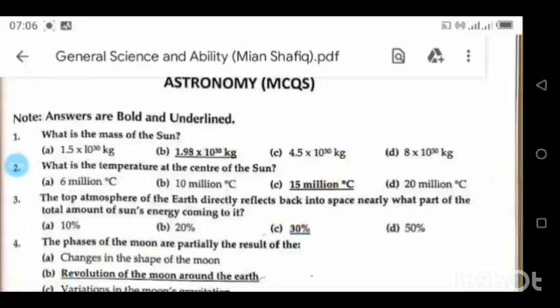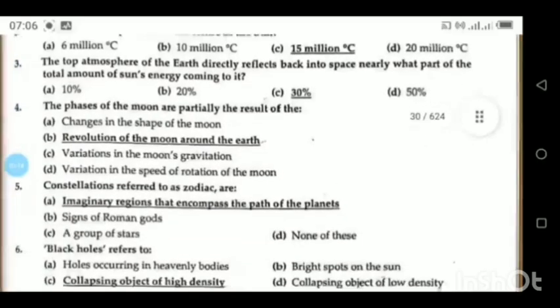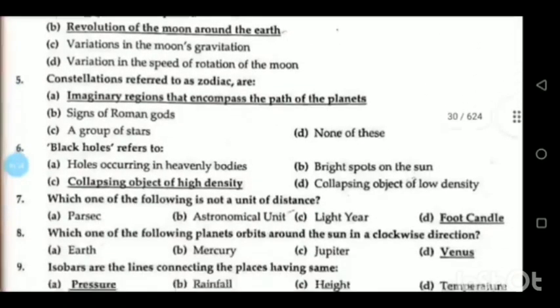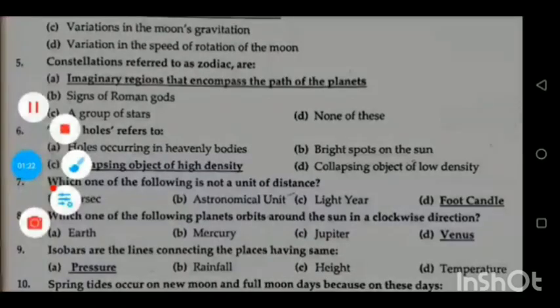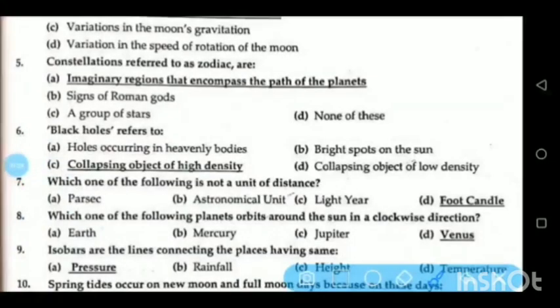The phases of the Moon are partially the result of the revolution of the Moon around the Earth. Constellations, referred to as zodiac, are imaginary regions that encompass the path of the planets.